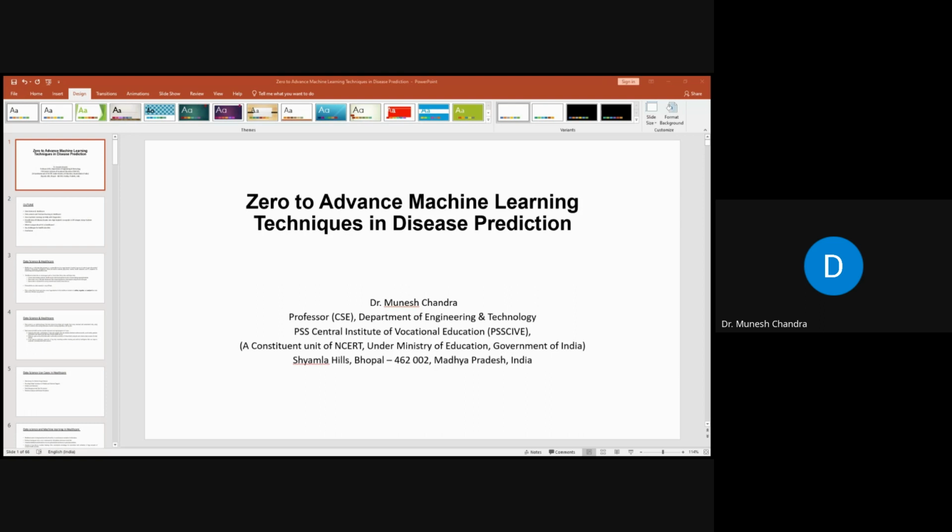So how is data science used in healthcare? If we want to do medical image analysis, that is possible with data science techniques. We can also provide a virtual assistant to the patient whenever required with the help of data science. We can also do data management and data governance, and we can predict the disease stage. And when identification of the disease is done at an early stage, we can sometimes prevent the disease.